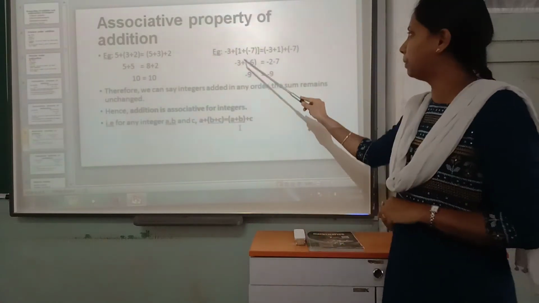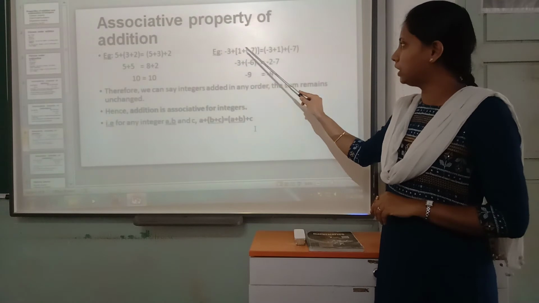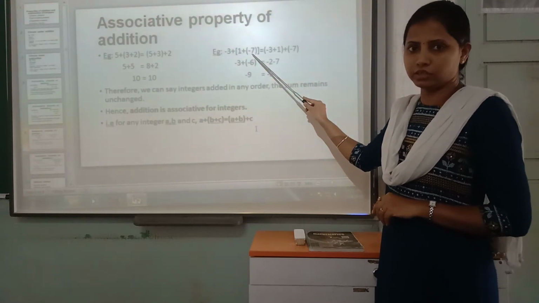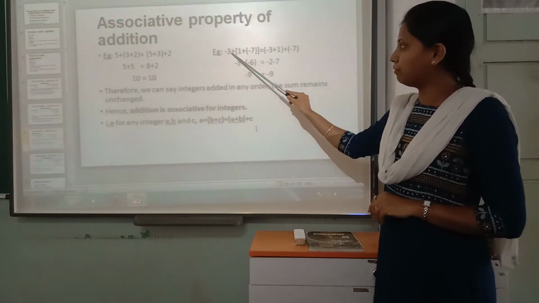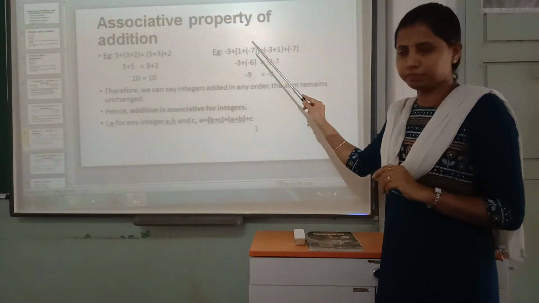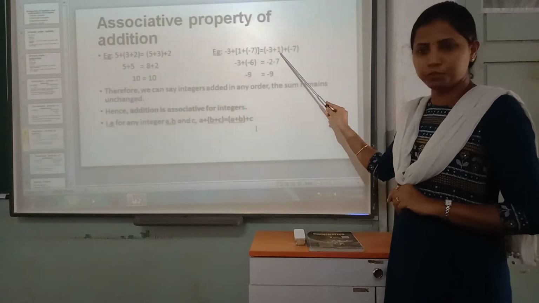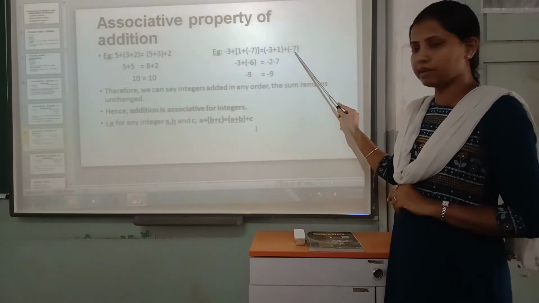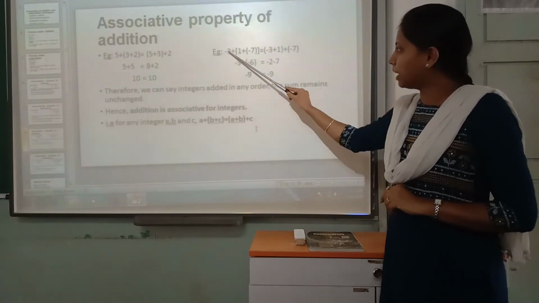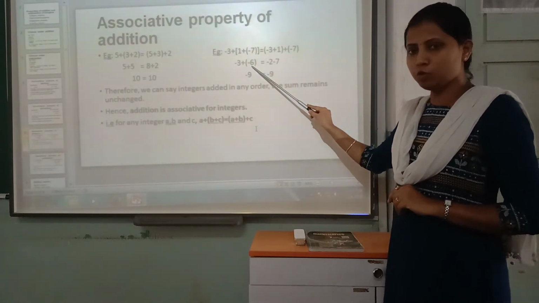In the next example you can see minus 3 is one integer, 1 is one integer, and minus 7 is the third integer here. Now minus 3 I have kept as it is, and 1 and minus 7 I have grouped. In the next part, minus 3 and plus 1 I have grouped, and minus 7 I have kept here. So minus 3 as it is, 1 plus of minus 7 will give you minus 6.